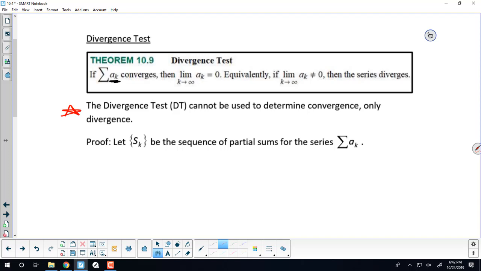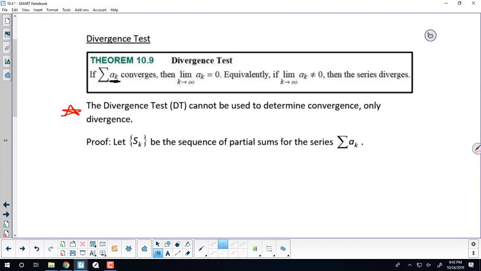So the divergence test will only tell you if a series diverges. If the limit of a sub k is equal to 0, then the divergence test is inconclusive. You might have something that diverges, but you also might have something that converges. So it cannot be used to determine convergence, only divergence, as its name implies. It's just a divergence test.